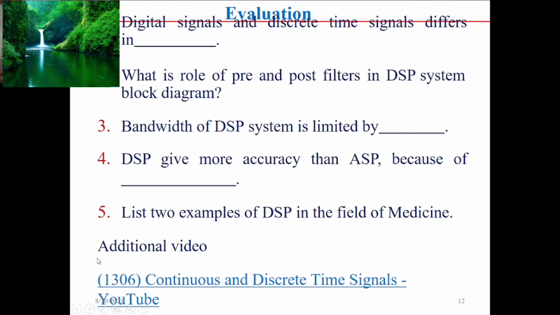Now, let us evaluate, let me know whether you understood whatever we have done. So digital signals and discrete time signals differ in. Now, what I request you all is you can write the answers in the comment box. What is the difference between digital signals and discrete time signals, right?